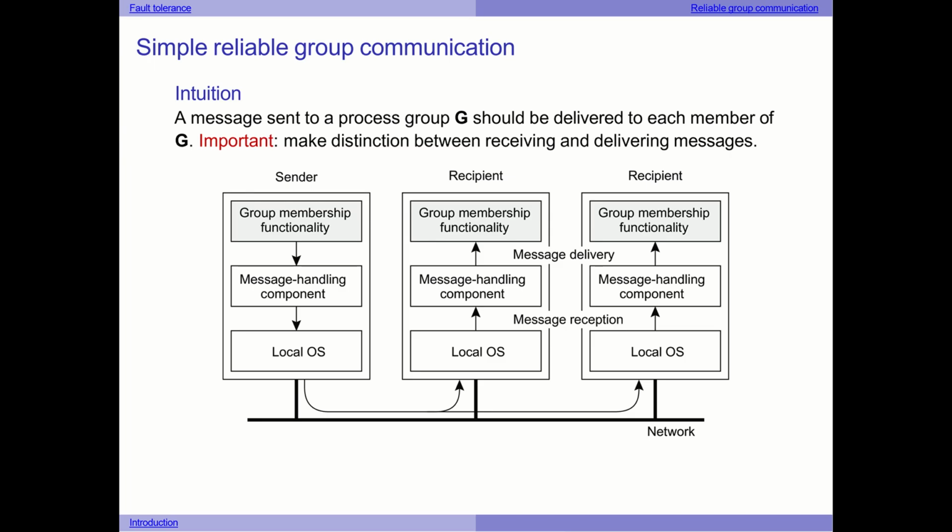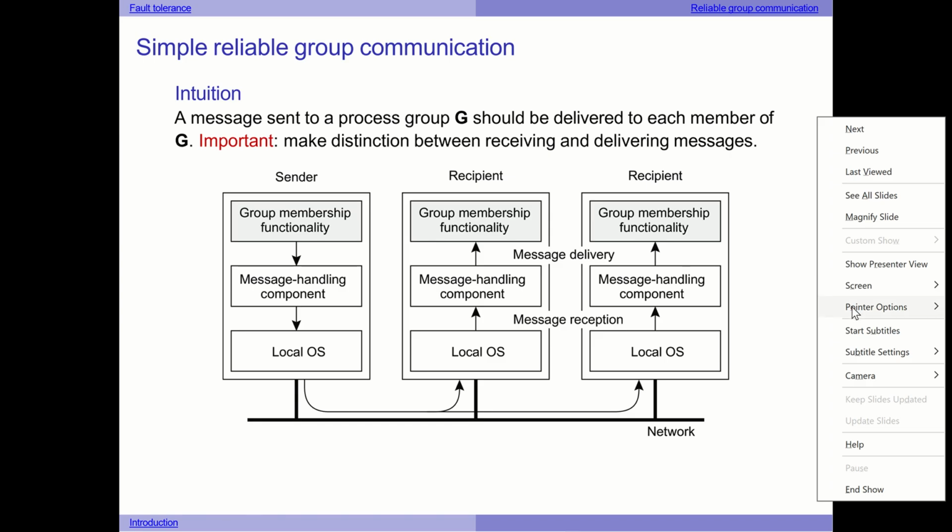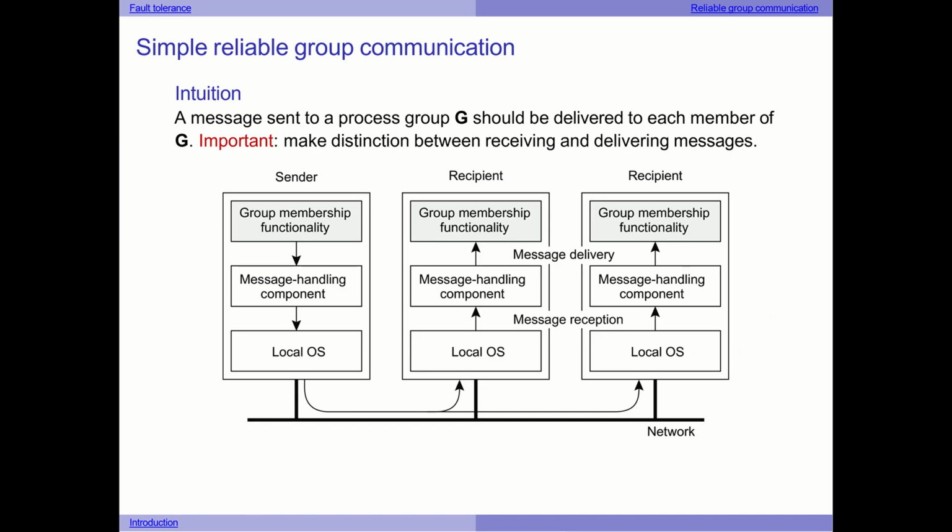A message is said to be received by a message handling component, and in turn the message handling component will deliver the message to the component containing the core functionality of the group members.